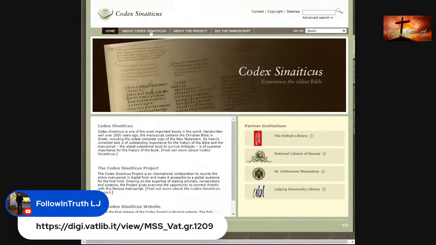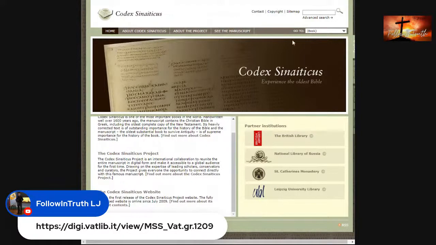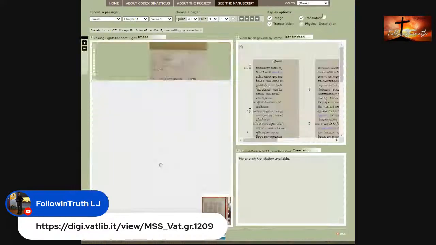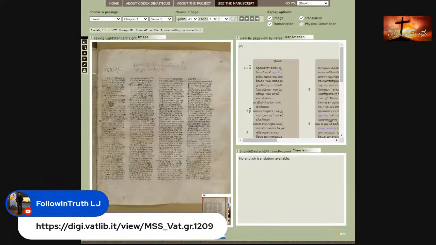So if I share that one, Codex Sinaiticus, this one is a lot easier to scroll through. You just go to the book. As you can see in Sinaiticus, there are all the books there.